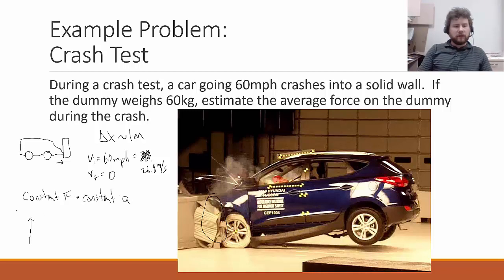And so if I look at velocity over time, it's going to start out at the initial velocity, and it's going to go down as a straight line down to 0. The displacement, how far you go, this 1 meter, is the area under that curve. So that's delta x, which is just 1 meter.